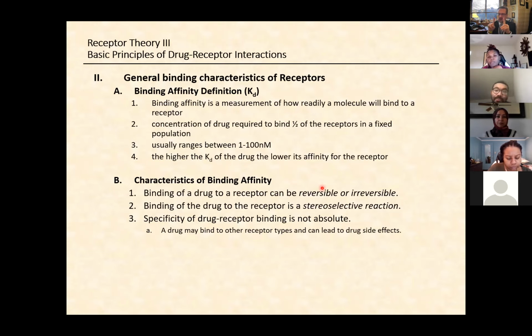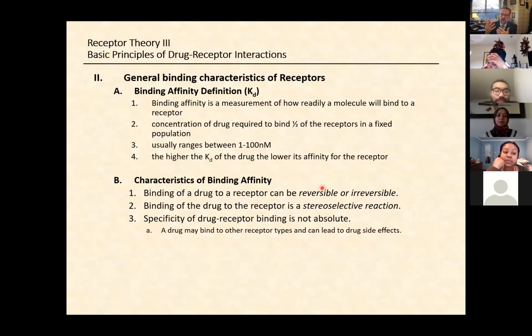So it's a reflection of the strength of the interaction between a drug molecule and a receptor molecule. That's a verbal definition that I think is important for you to know, being able to describe that in your own words.